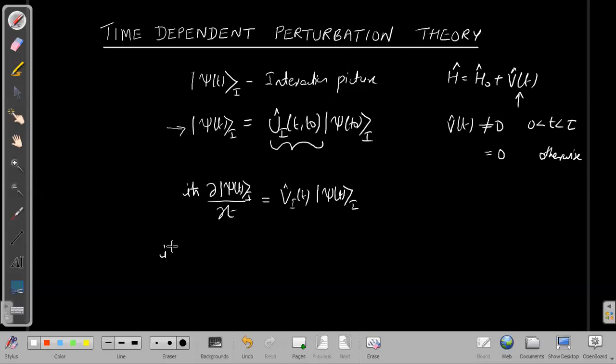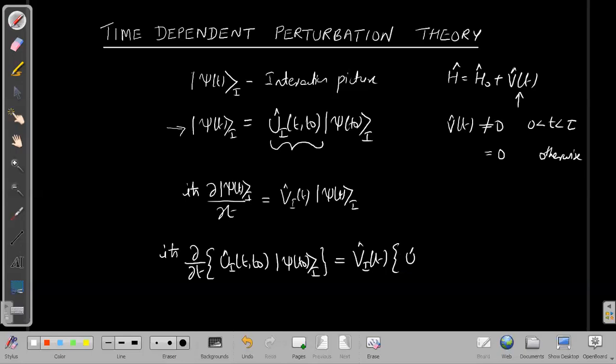So I can rewrite this as i h-bar dou by dou t of U_I(t, t0) psi at t0 in the interaction picture equals V_I(t) U_I(t, t0) psi at t0.